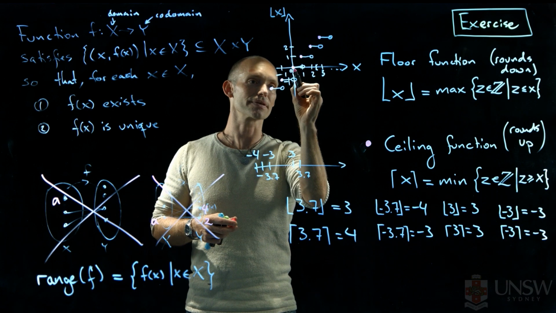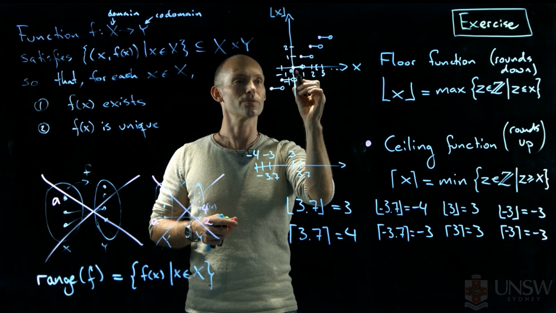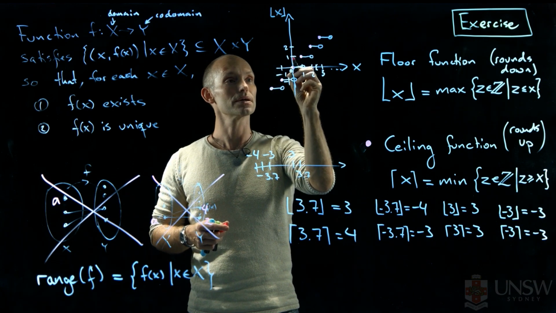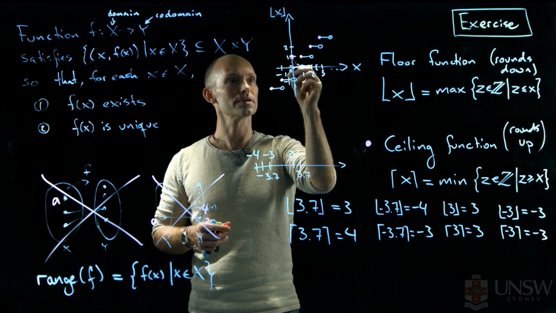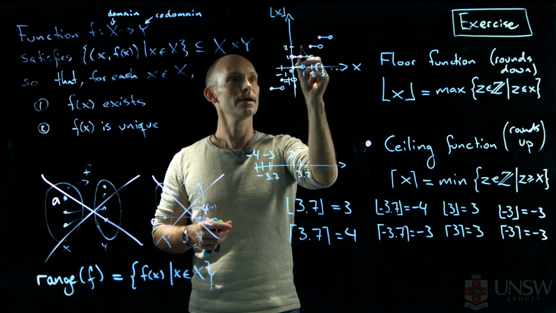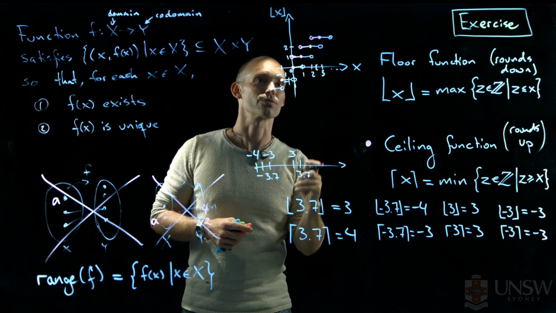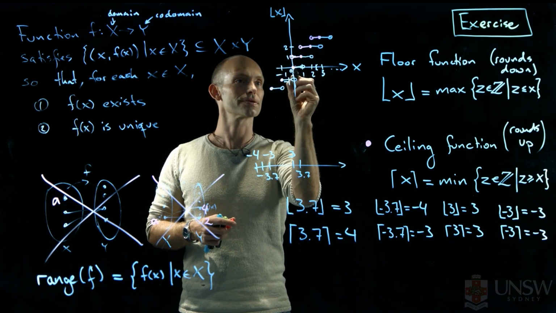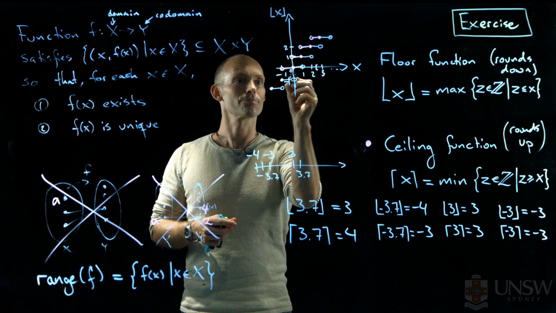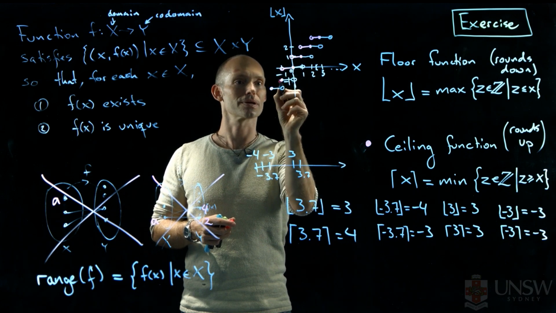But if we have something a little bit bigger than 0, then we round up to 1. So there's a discontinuity there, and we have this picture there. So now we're rounding up. So here we go, and so forth and so on.